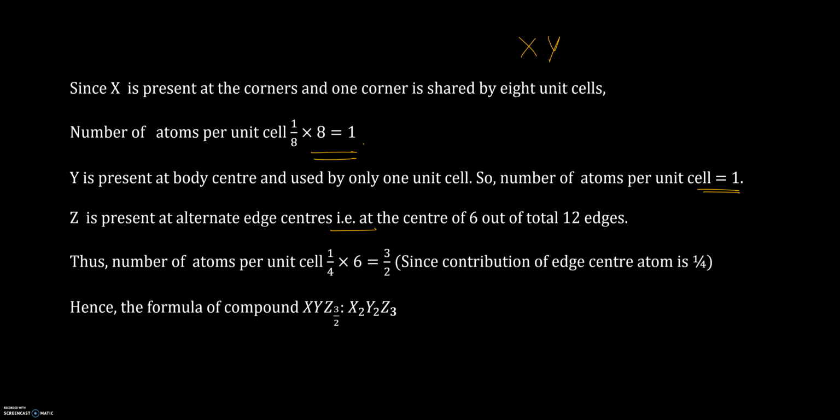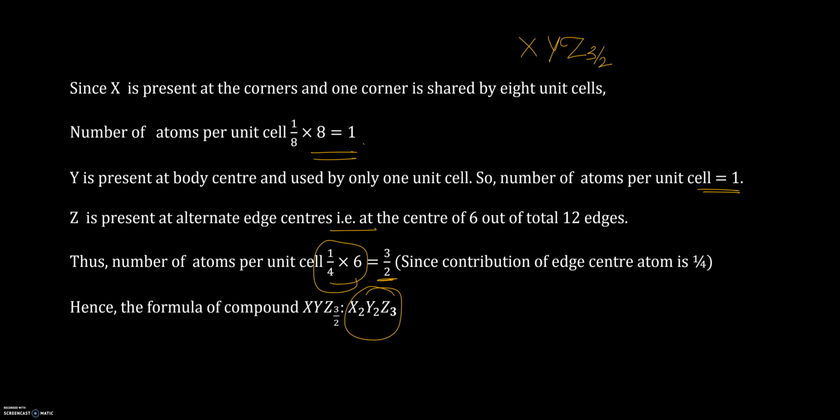We were pretty careful about that, which means that instead of 12, now there would be 6 of these atoms, and the contribution is 1/4, and the number you get there is 3/2. So what you get is X, Y, Z 3/2. If you put it to a whole number, you get the answer X2, Y2, Z3. That's the answer right there.